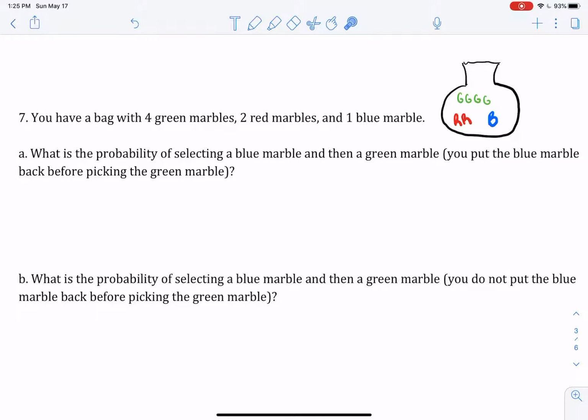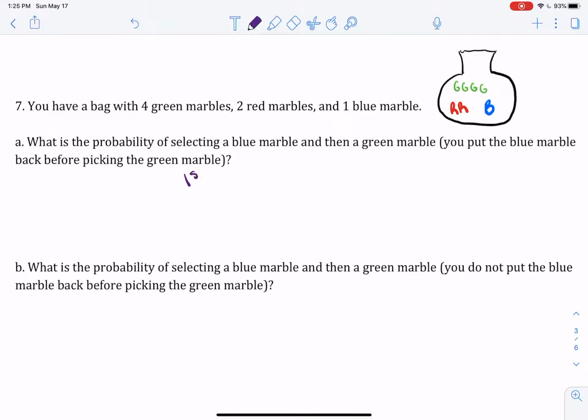So the amount of marbles in the bag doesn't change. So our first selection, we are wondering what's the probability of selecting a blue marble? Okay, so when I look here, well, how many marbles are there total? 4, 5, 6, 7. So there's 7 marbles total. And there's 1 blue, so that'd be 1 out of 7.